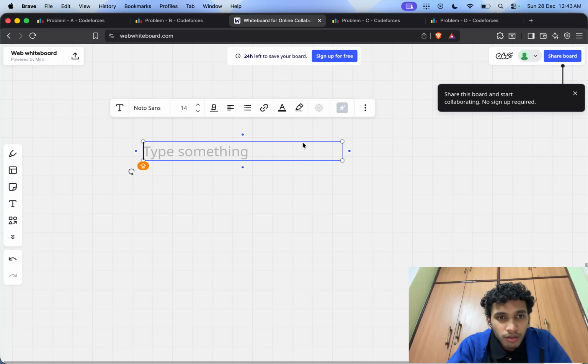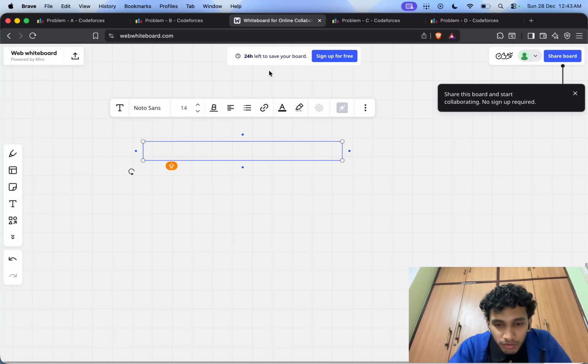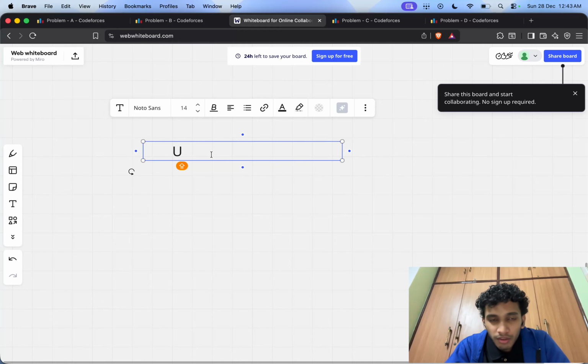It says that for every occurrence of U, the nearest occurrences of S are the same number of characters away from U. That is, the next S to the left of it and to the right of it. The distance between this U and the nearest S on each side is the same.